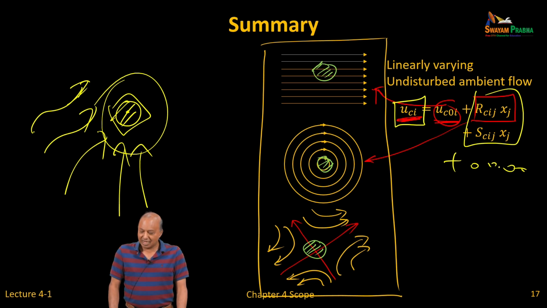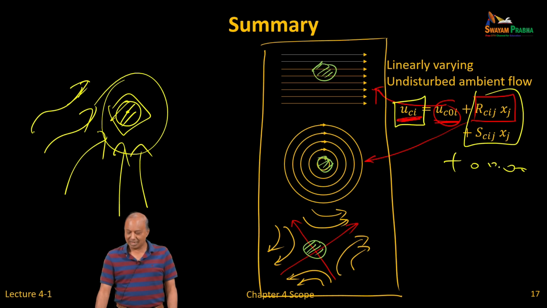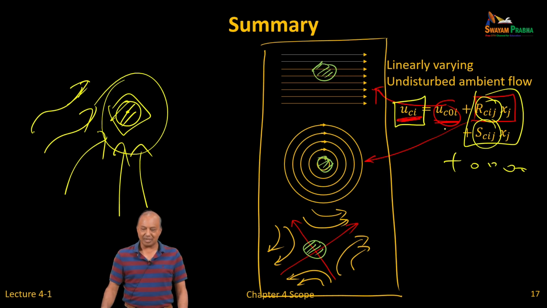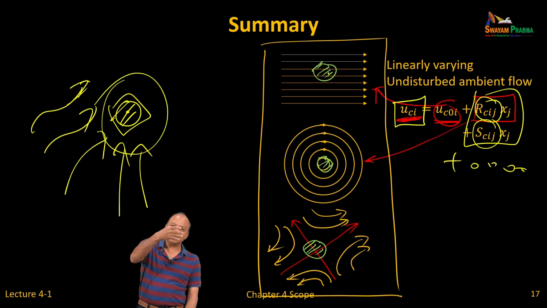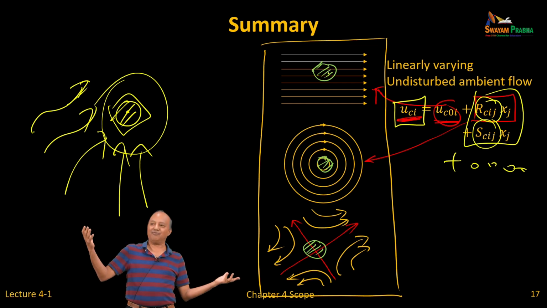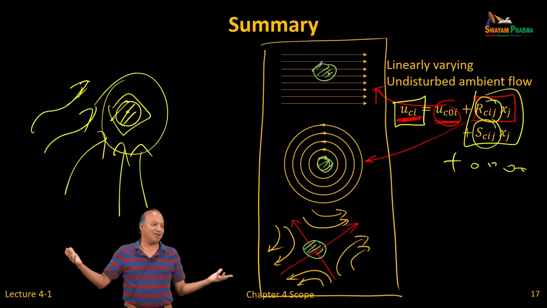What you find is that the gradient of the velocity will come, and the gradient of the velocity can be broken into an anti-symmetric rotating part and a symmetric part. The bottom line is that to the leading order, any particle you can think of as being subjected to a uniform flow plus a rotating flow plus a straining flow, and we know how all 3 of them work.